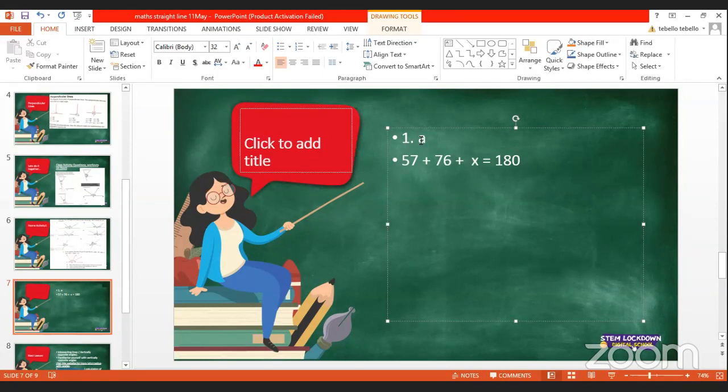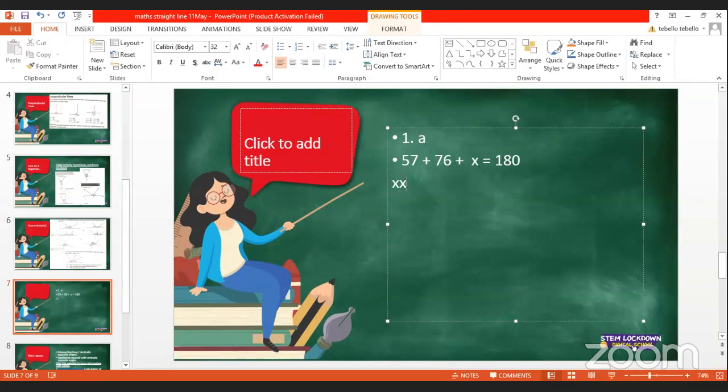Why equals 180 degrees? Because it is a straight line, and angles formed on a straight line must sum to 180 degrees. So let's do our calculations, guys.